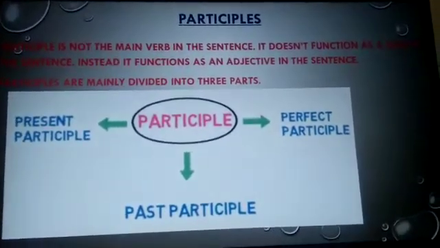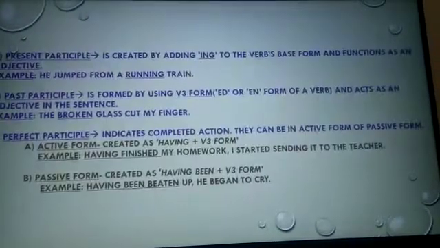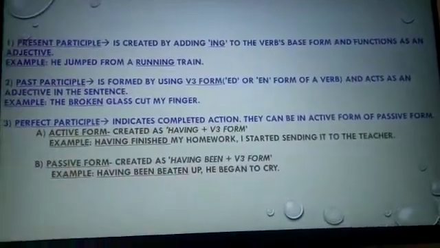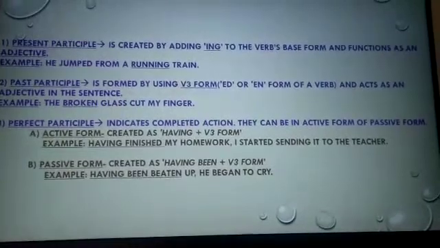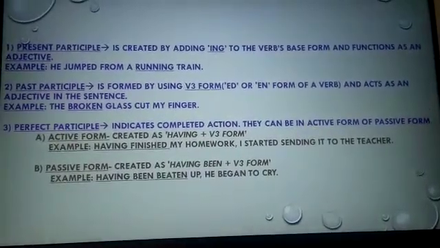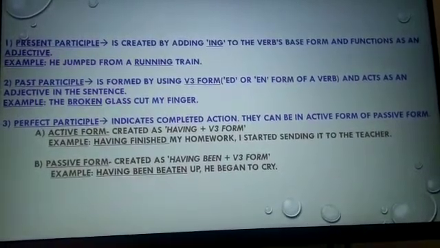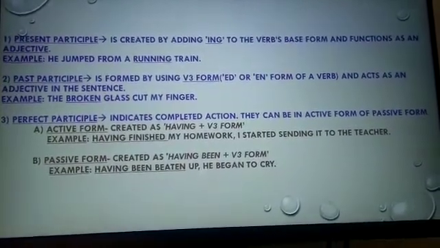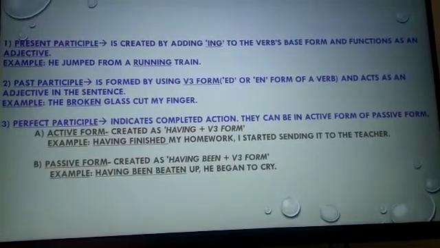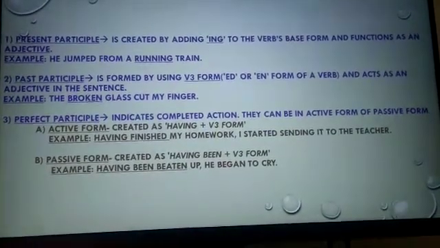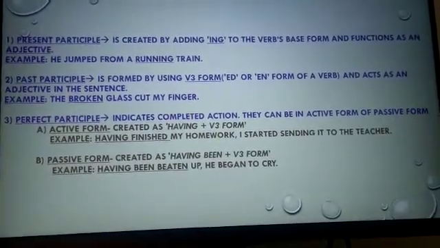So let us move on to the first one, that is present participle. A present participle is created by adding ing to the verb's base form and functions as an adjective. Previously we saw that gerunds are also formed by the ing form, but they function as nouns.